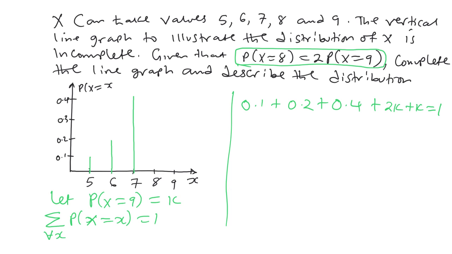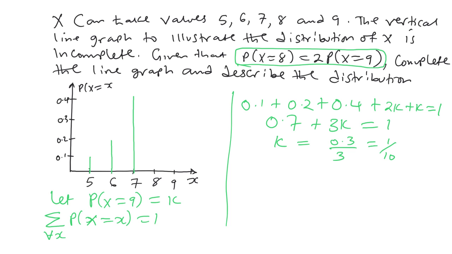So 0.1 plus 0.2 plus 0.4 is 0.7. 0.7 plus 3k gives us 1, so k is 0.3 over 3. If you want, you can write this as 1 out of 10.